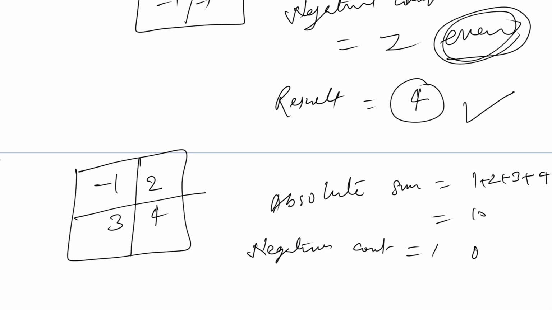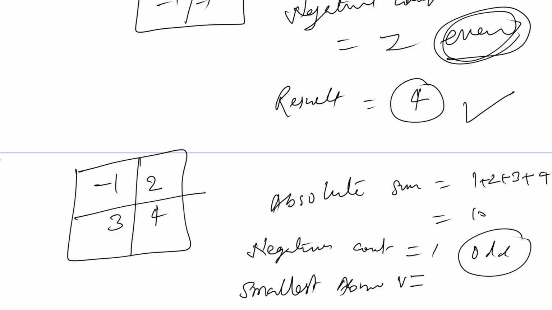It is 1, which is odd. So the smallest absolute value is 1 here, this one. So the final answer is 10 minus 2 into 1, which is 8. This is the thing we should understand in the negative cases.